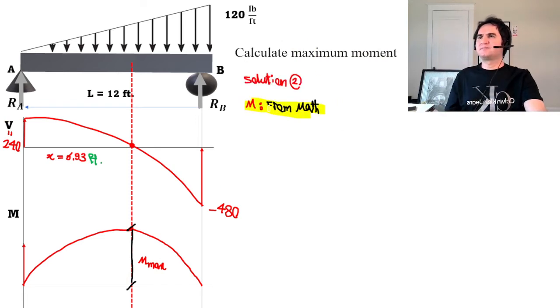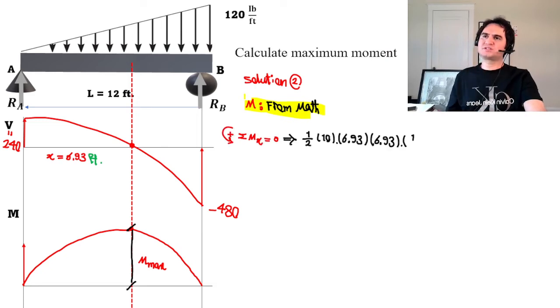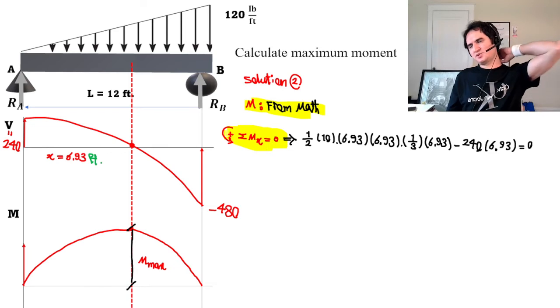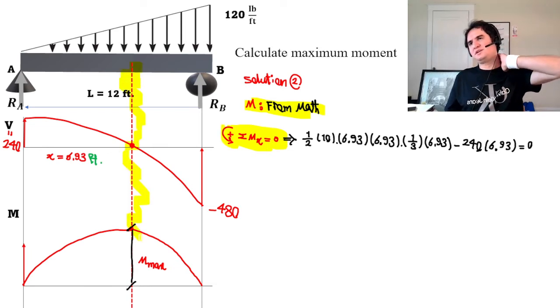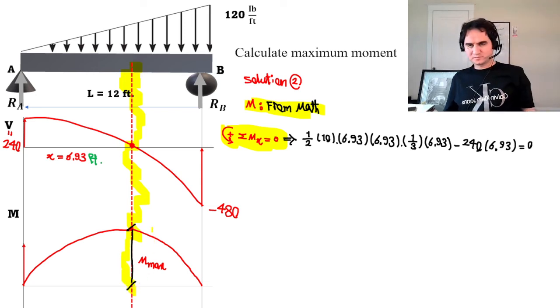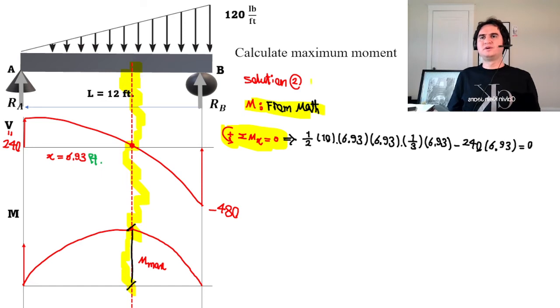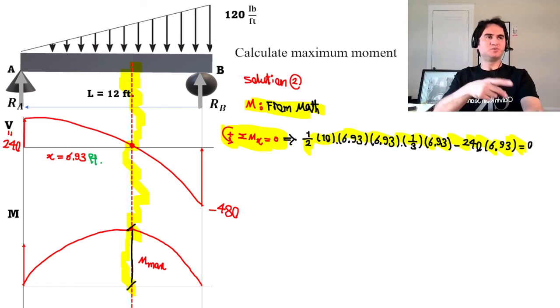You can also get the moment from the mass directly. And how is that? If you develop the summation of moment about x, it's not zero, because that's somewhere in the middle. Definitely there is an internal moment because we cut the beam through. So if you do the math, you develop this equation, the summation of the effect of moment up to that point should give you a numeric value.